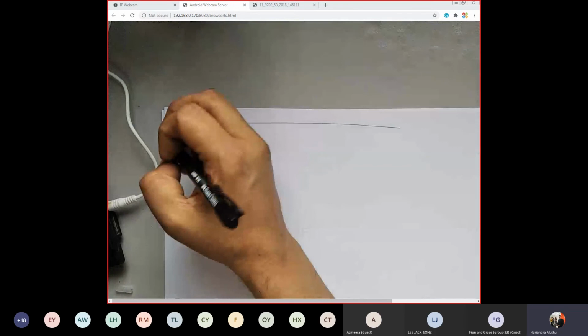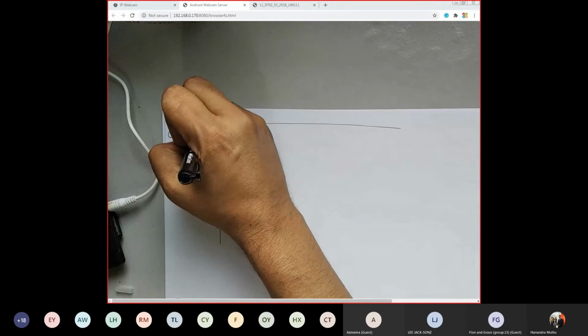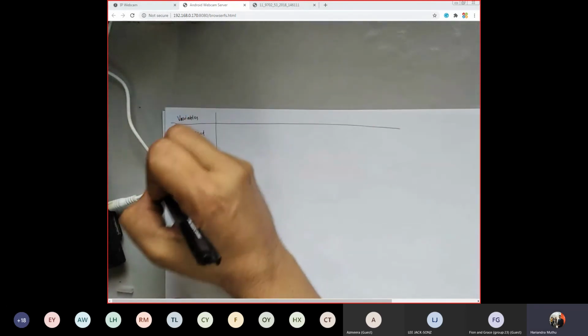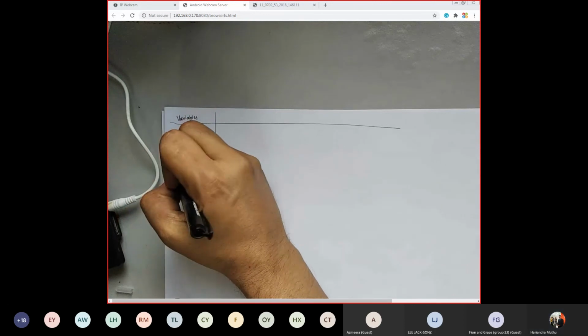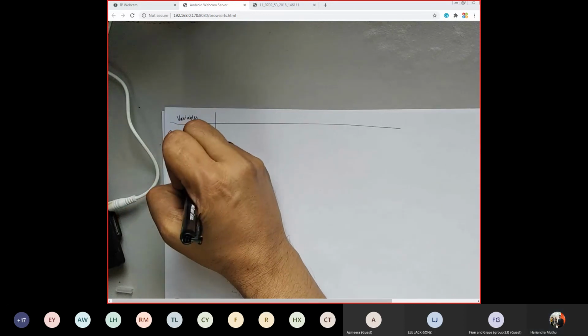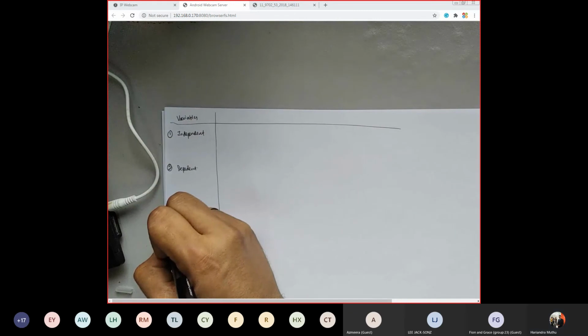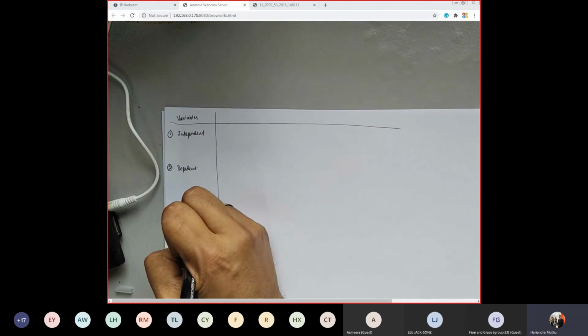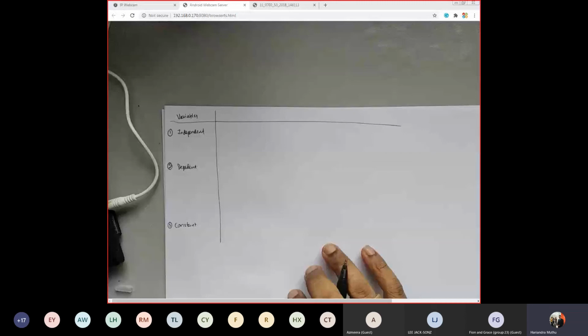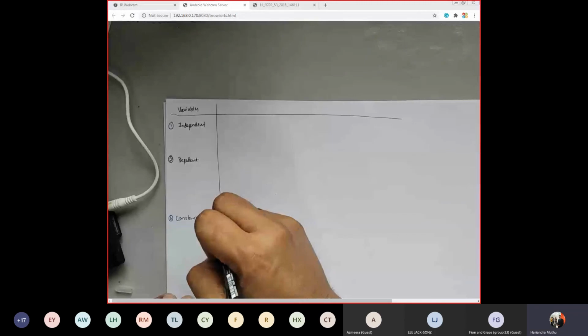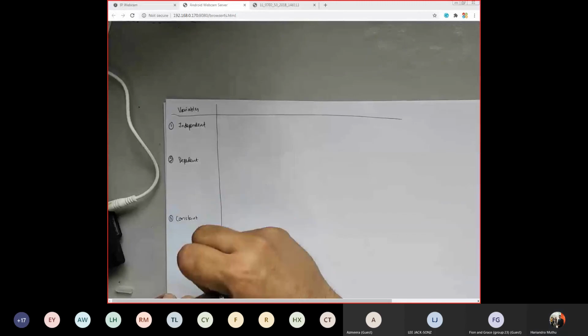We have 3 variables, which are the independent, the dependent, and the constant. Normally when we talk about constant, we only list one constant.